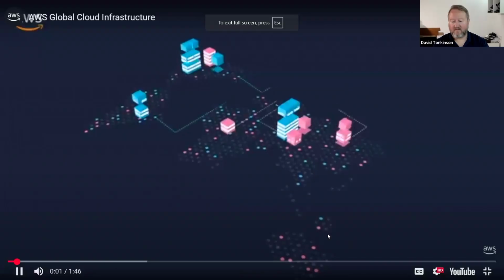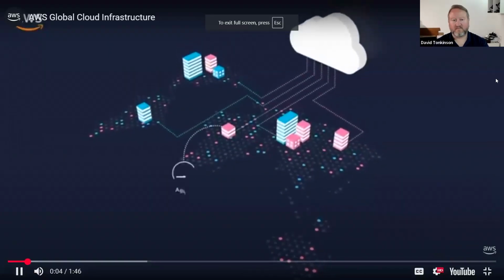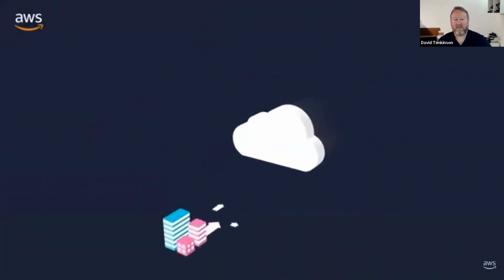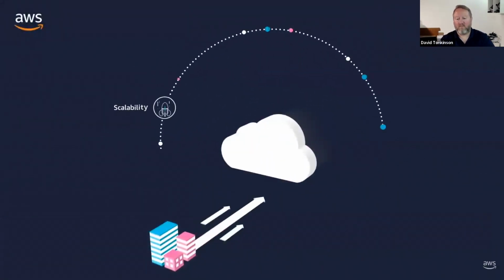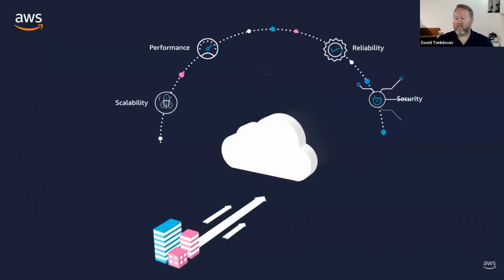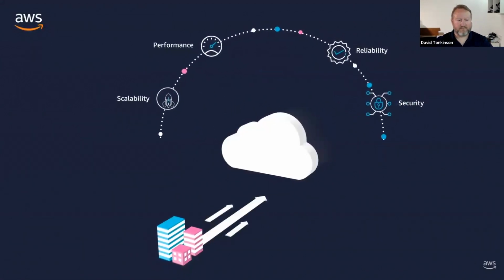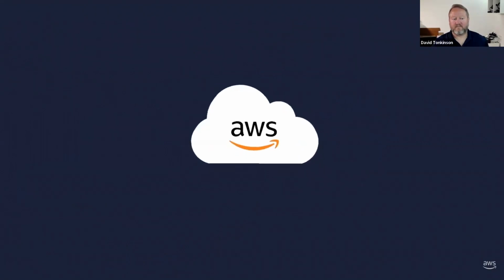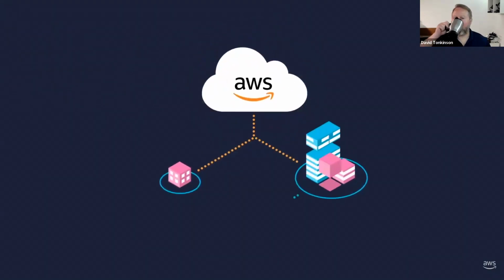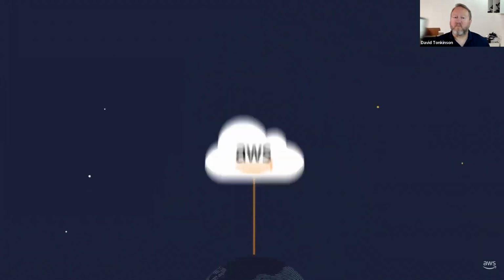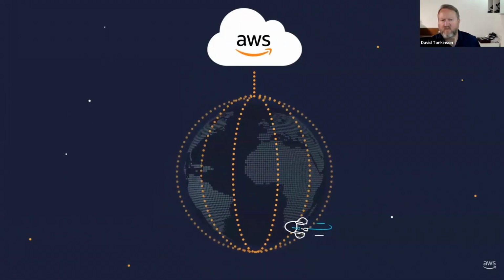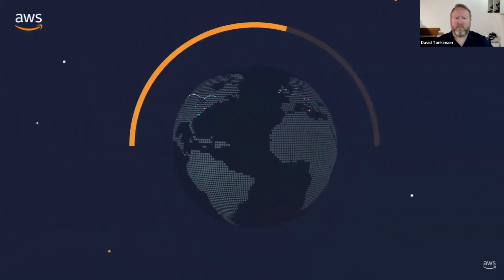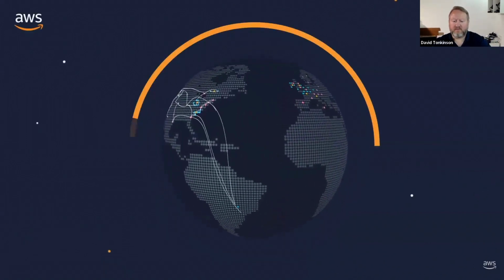Companies are increasingly moving to cloud-based infrastructure to improve agility, gain unlimited scalability, and lower costs. When moving to the cloud, organizations look for the scalability, performance, reliability, and security of the provider's global infrastructure. AWS delivers a cloud infrastructure companies can depend on, no matter their size, changing needs, or challenges. It's designed and built to deliver the most scalable, reliable, and secure cloud computing environment with the highest quality global network performance available today.